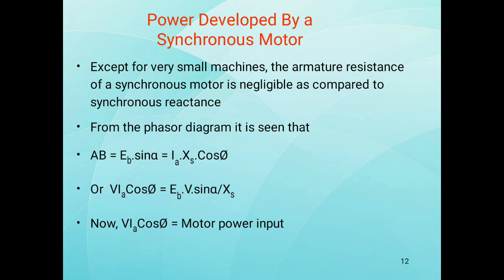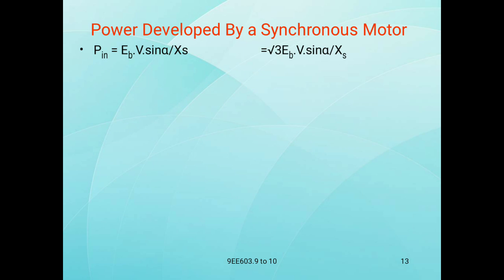Or otherwise, V Ia cos phi is equal to Eb sin alpha times V by Xs. Now V Ia cos phi is equal to the motor power input. So P input is equal to V Eb sin alpha by Xs, that is equal to root 3 V Eb sin alpha by Xs.